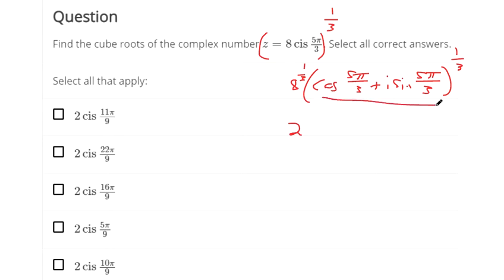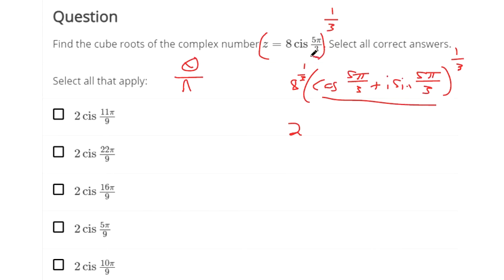Taking care of a complex number being raised to the 1/3 power, the rule is when you're trying to raise a complex number in polar form to the 1/3 power, then theta is divided by n, where n is the root. So like we have a third root, so n equals 3 in this case.